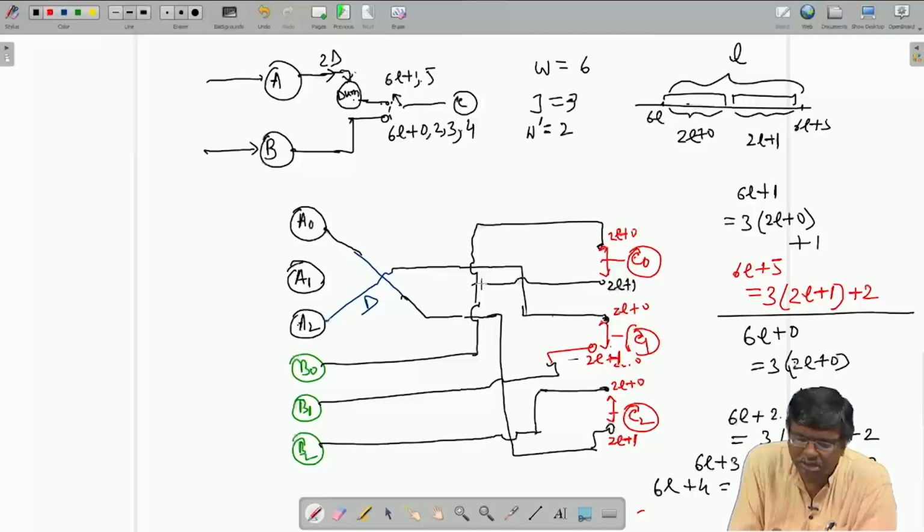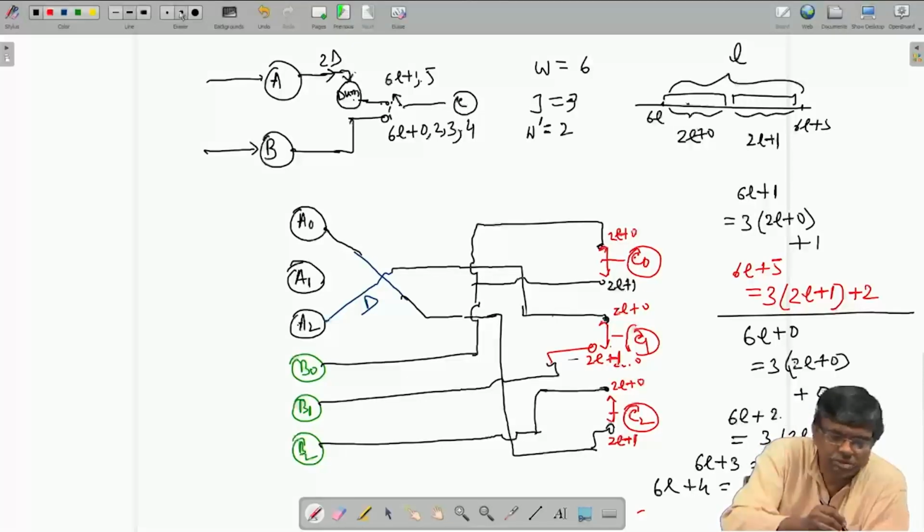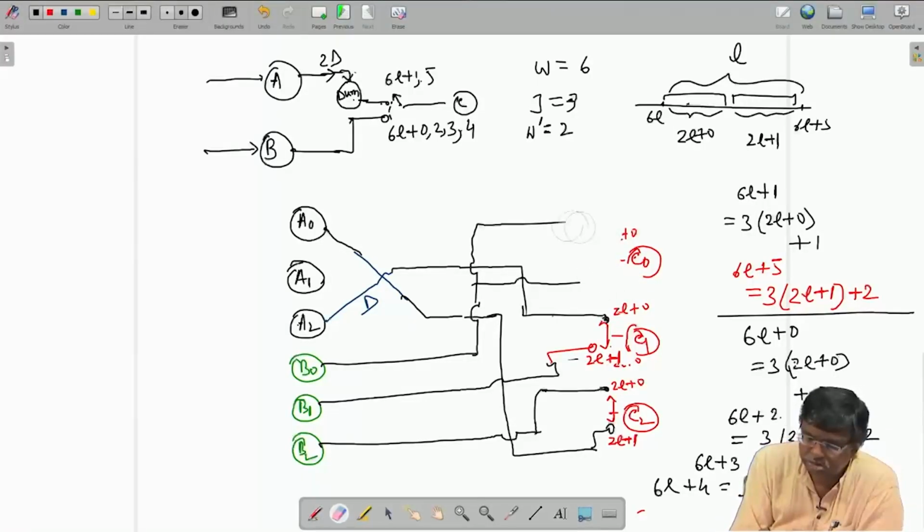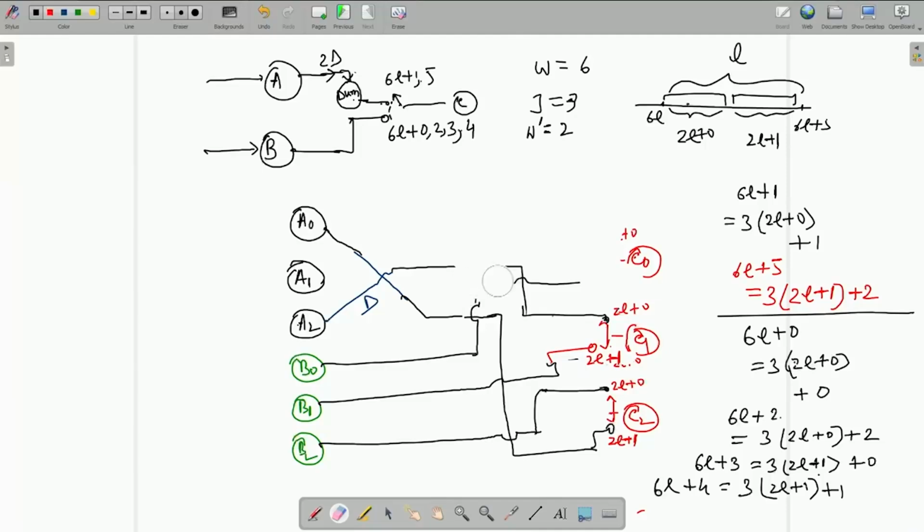So, I will have a direct connection between B0 and C0. Okay. So, that is all you have. This is unfolded structure. Okay.